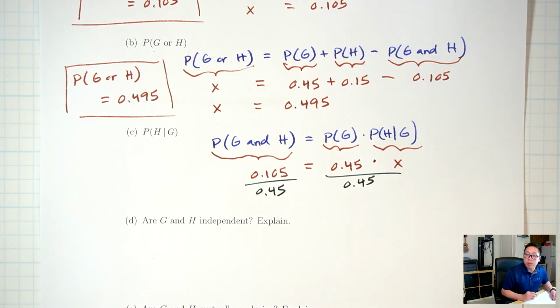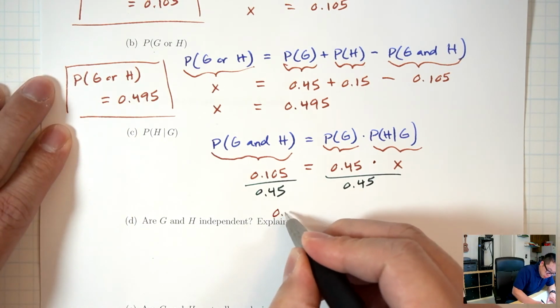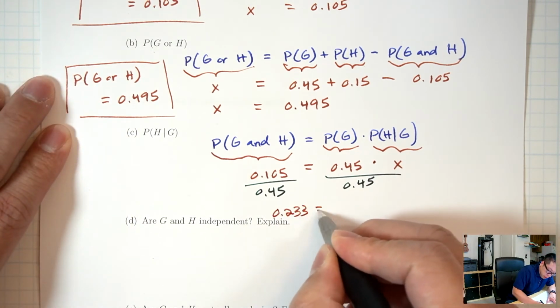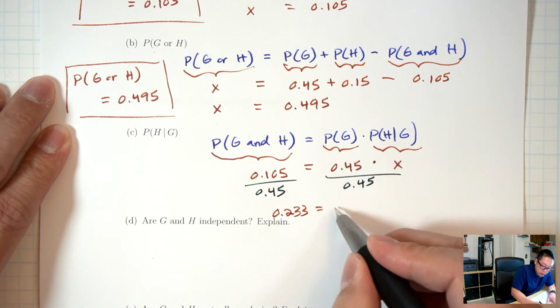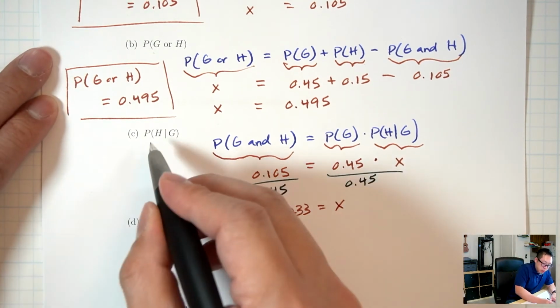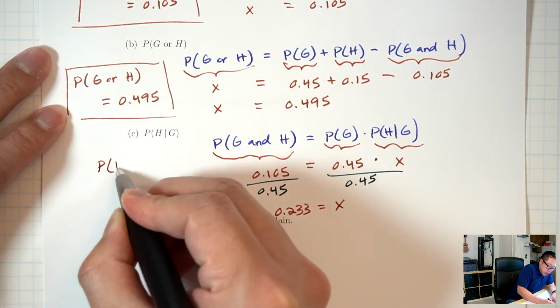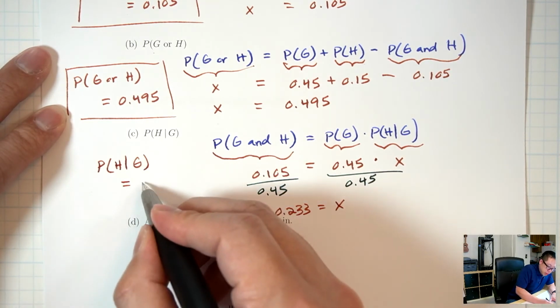Rounded to 3 decimal places is 0.233. And then on the right side, 0.45 divided by 0.45, those cancel out, and you just have an x, and you're done. So what we just found was probability of H given G is 0.233.